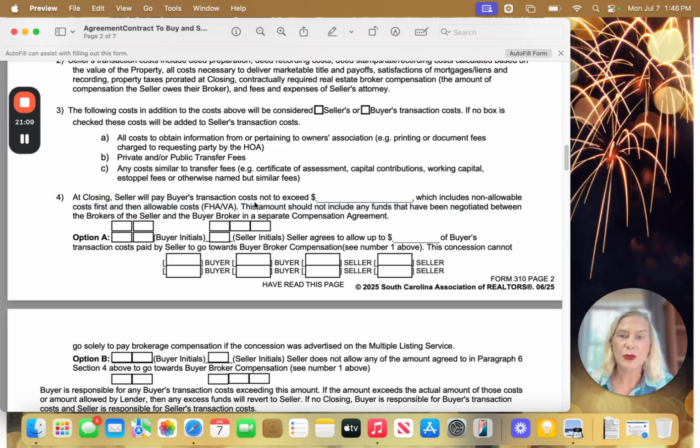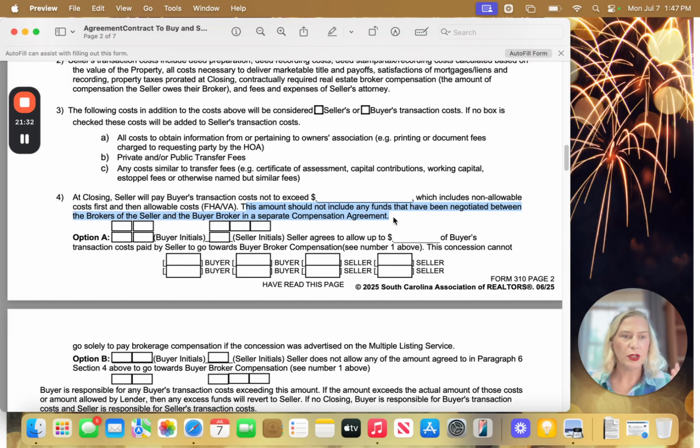This amount you're requesting the sellers to pay on the buyer's transaction costs does not include any fees that y'all have already negotiated in the compensation agreement. The compensation agreement is a separate animal.